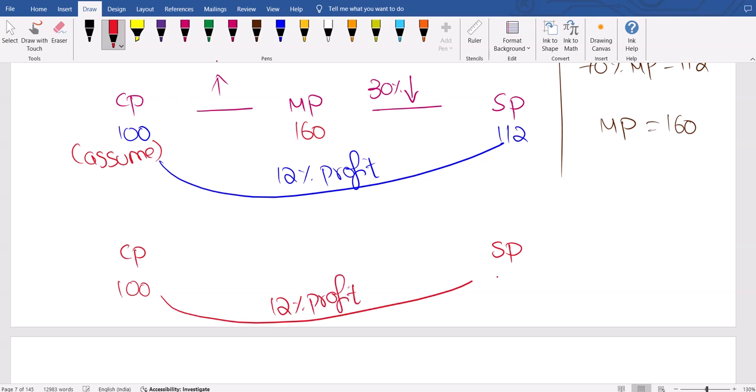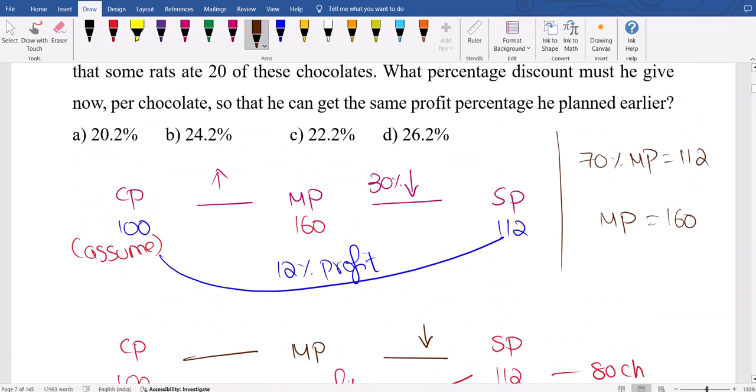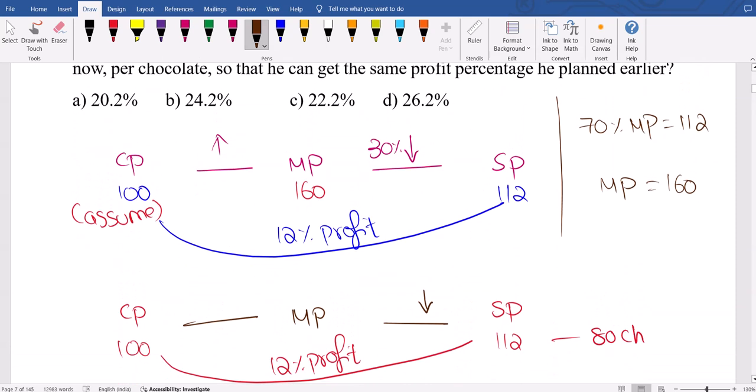You want to get 112 rupees, but this is for only 80 chocolates because 20 chocolates are gone, right? Now what should be the marked price? What should be the discount they need to maintain? This is for 80 chocolates only. The question asks what percentage discount should be maintained.